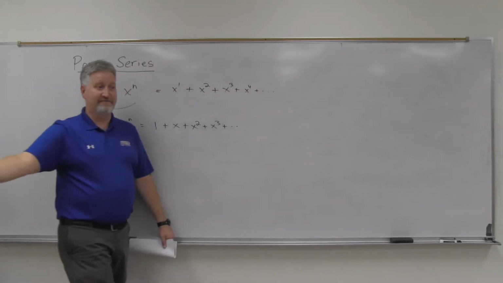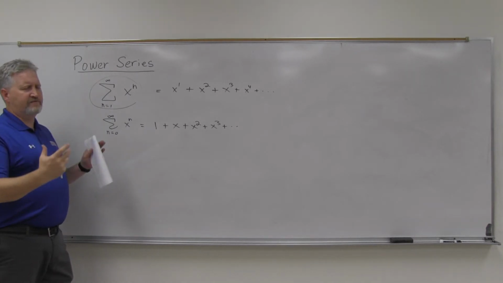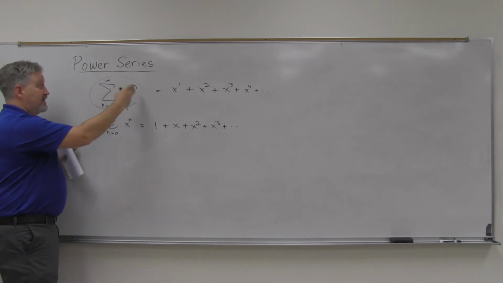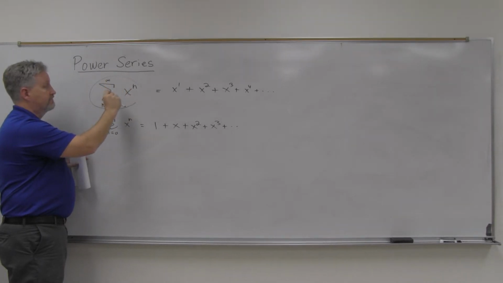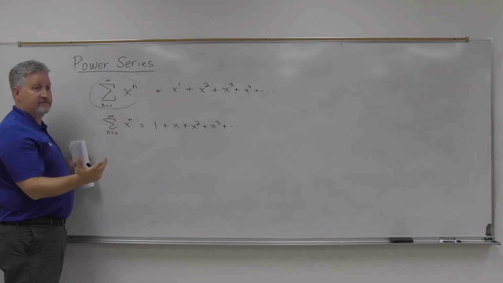So it's not going to converge for that, or 2. But we'll look for that interval of convergence. For what x's does this converge? And like I said, if you look at it, we're talking about geometric series, because if I put in 1/2 to the n, 1/3 to the n, it's going to converge for those because that's a geometric series.